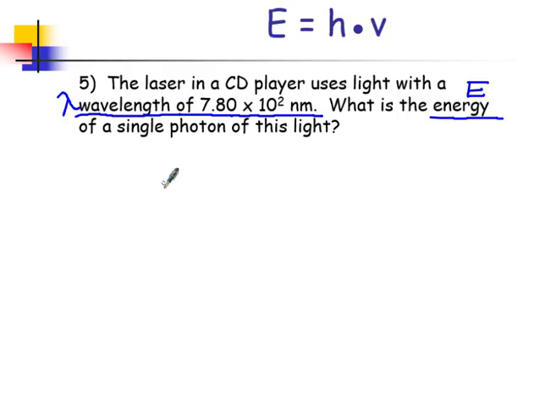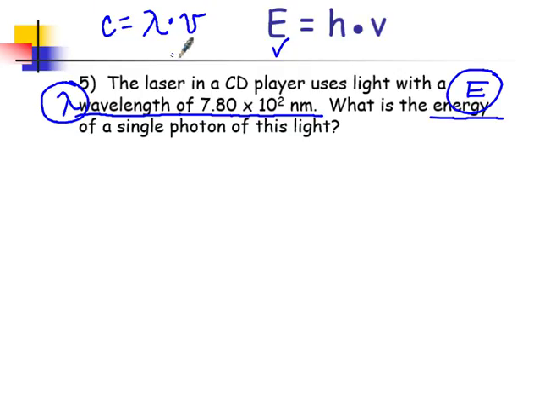Now here's my problem. I go up to my equation and I'm looking for lambda and E. Well, I see E, but the lambda is definitely not there. But we learned an equation earlier that had that. So maybe I should be using this equation.